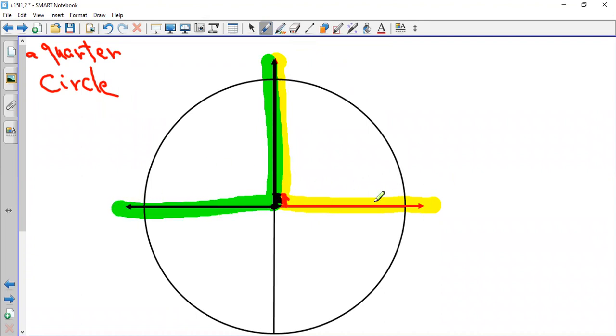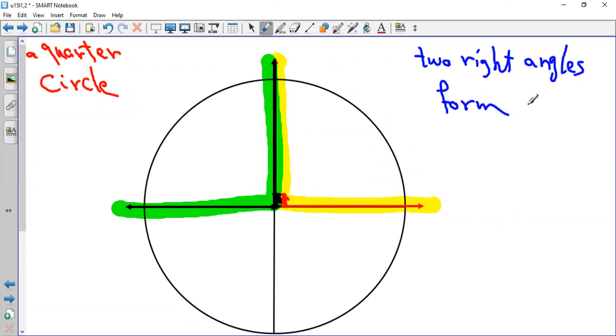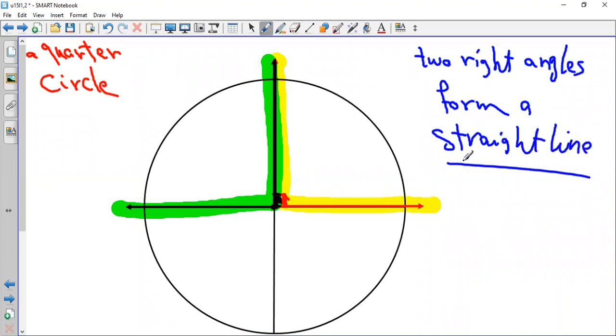If I put them together, I will see that these sides together form a straight line. So I can say that two right angles form a straight line. And at home, you can get two pieces of paper and cut them as right angles, and you can examine this by putting them together.